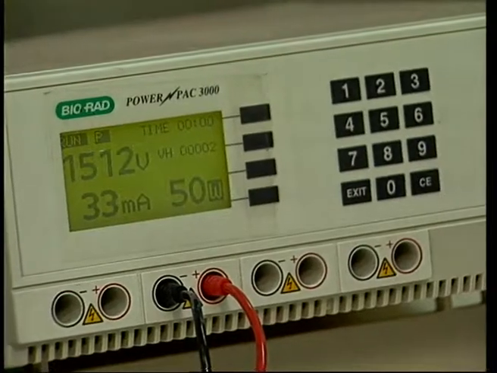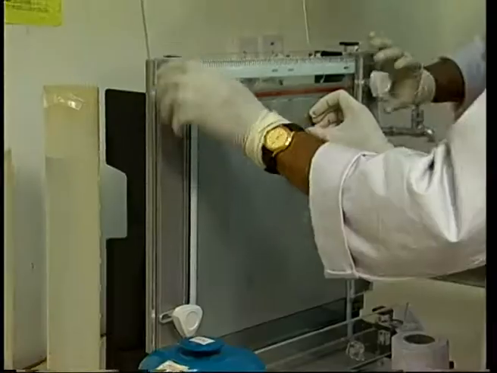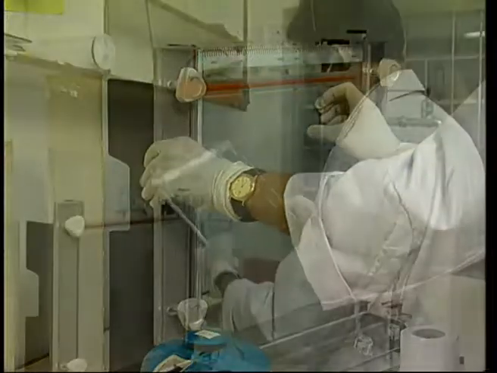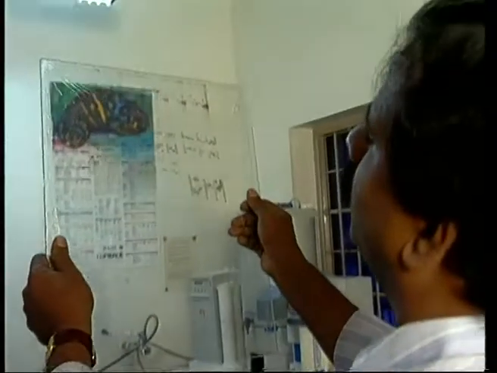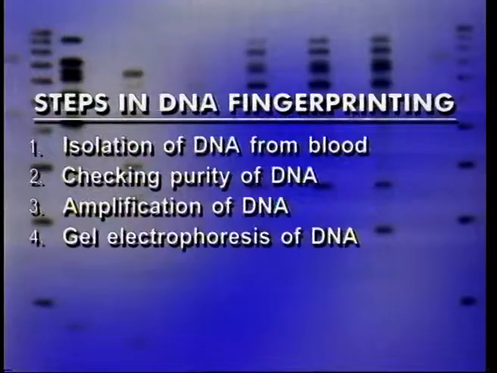Thus, the DNA fragments in each track cluster at different positions along the gel, producing a distinct pattern of bands. It is these bands that are referred to as DNA fingerprints.